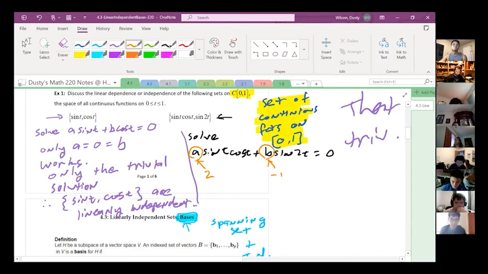So that's telling us that there are non-trivial solutions. And since there are non-trivial solutions, we can conclude that the set is linearly dependent.